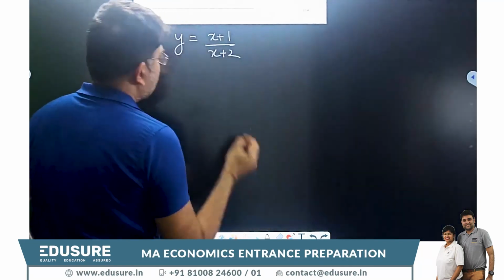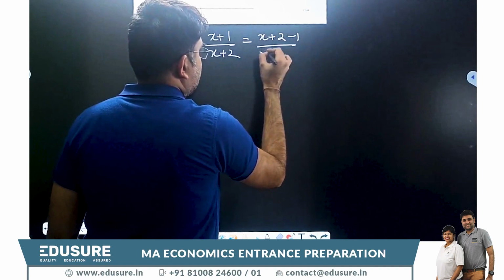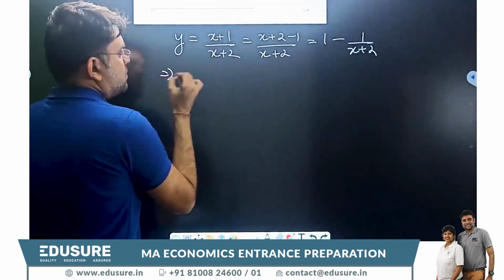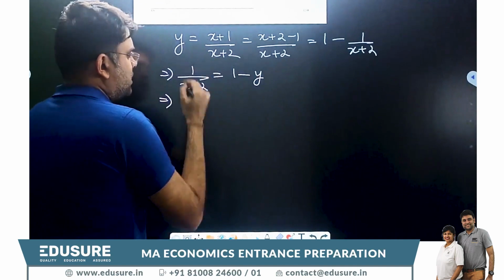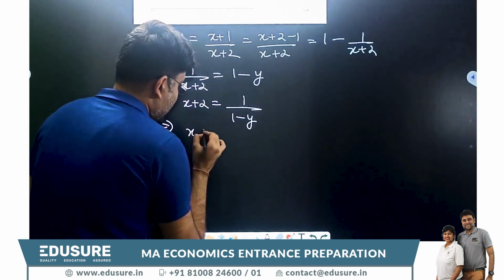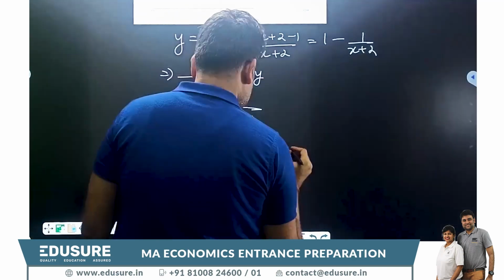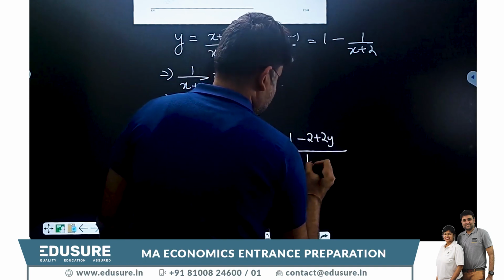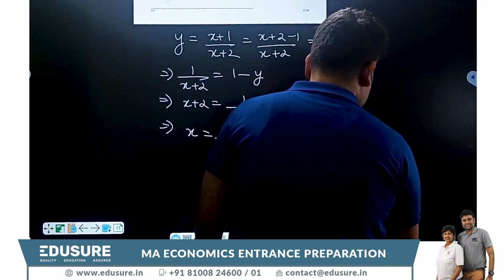So this can be written as x plus 2 minus 1 by x plus 2, that is 1 minus 1 by x plus 2. 1 by x plus 2 is equal to 1 minus y, or in other words, x plus 2 is equal to 1 by 1 minus y, or x is equal to 1 by 1 minus y minus 2, which is equal to 1 minus 2 plus 2y divided by 1 minus y. So this is basically 2y minus 1 divided by 1 minus y.